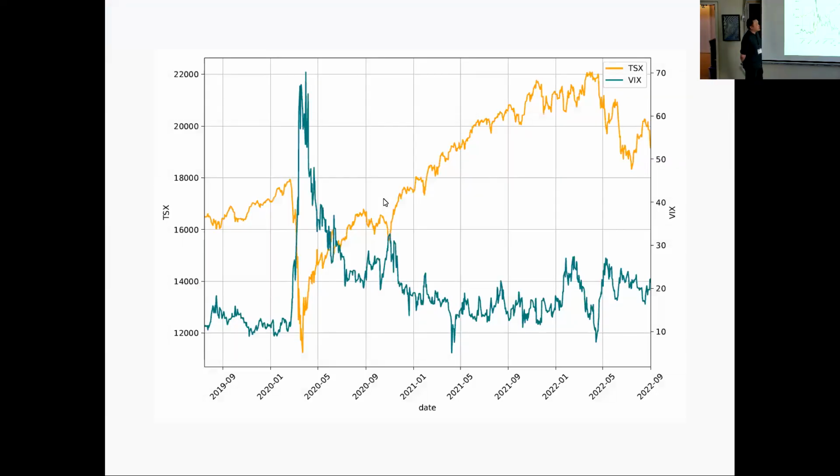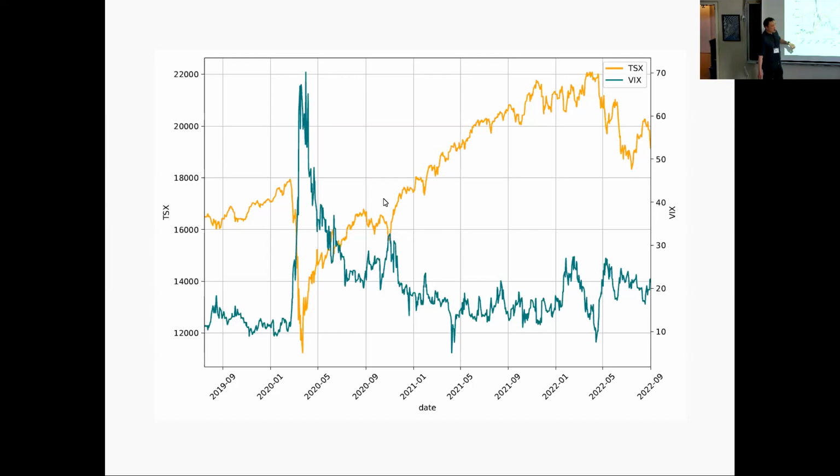But what we observe in the past couple of years is that there are different phases of economy. If you are a person in finance, you should be very familiar with these two graphs. The orange line is the Toronto Stock Index, and the blue one is the VIX Index.